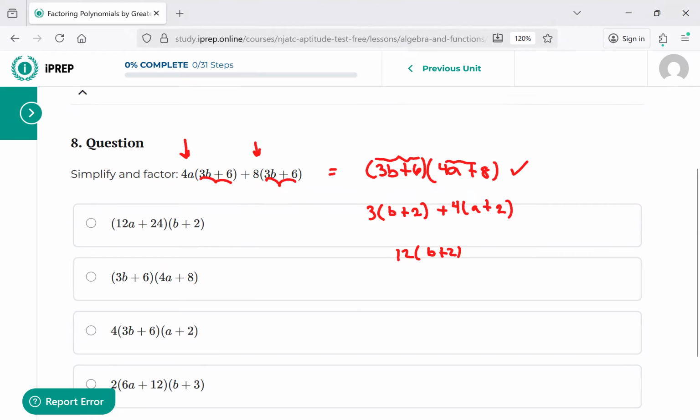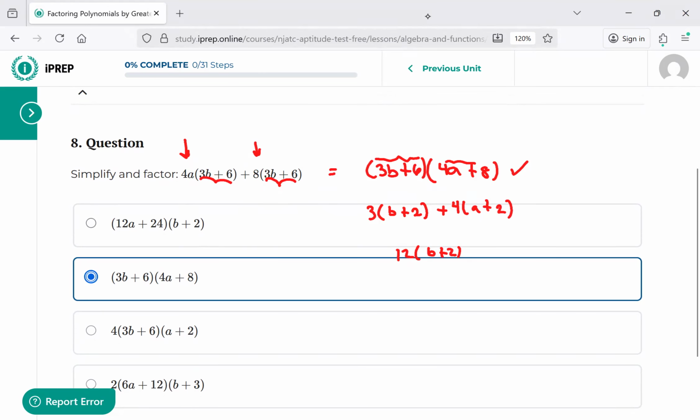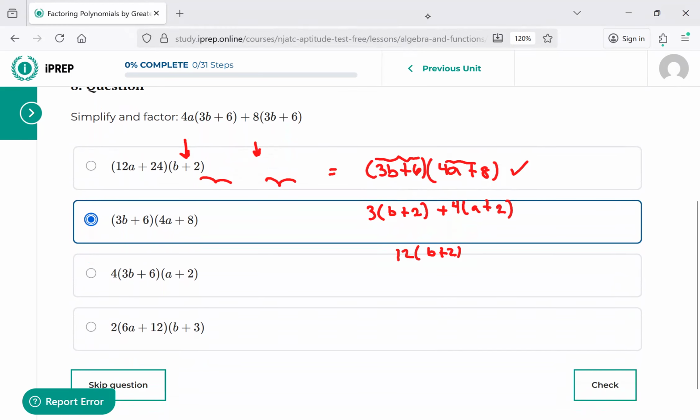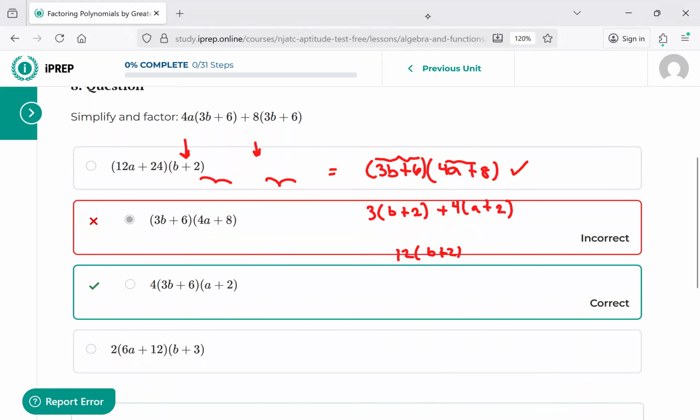So I got this one. Let me try that one. Why is it the third one? Let me see.